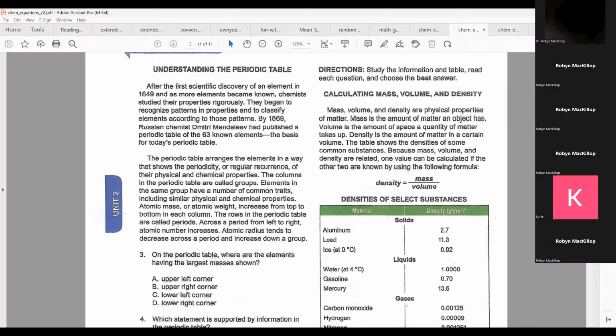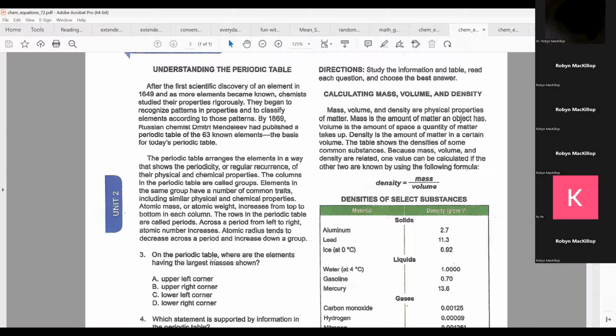So here are our substances or our materials. Here is the density, grams divided by centimeters cubed. It's also in the footnotes. Gram divided by centimeters cubed equals grams per cubic centimeter.